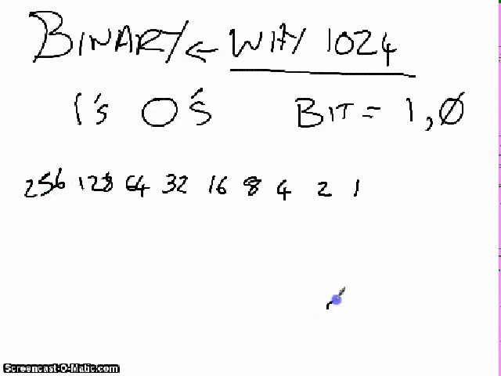After 256 you've got 512, and then after that you have the magic number 1024, and that's the reason why we always talk about it in 1024, because it doubles every time.